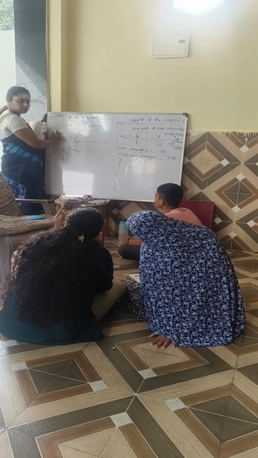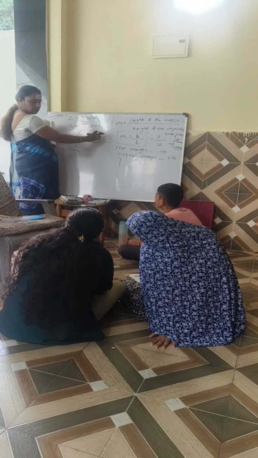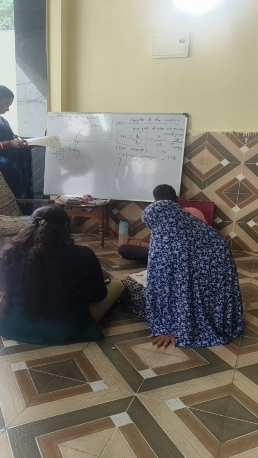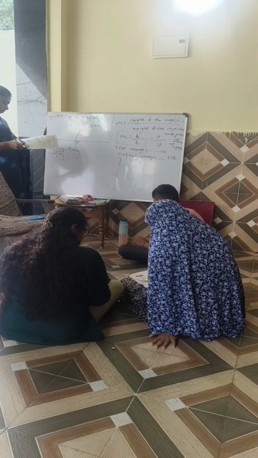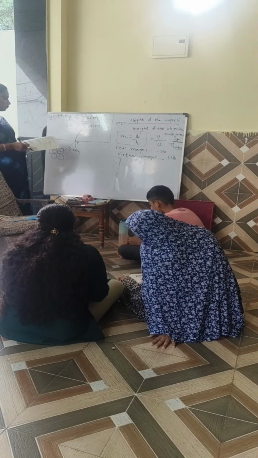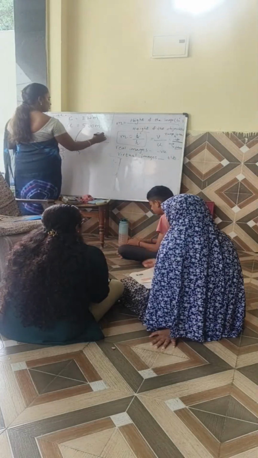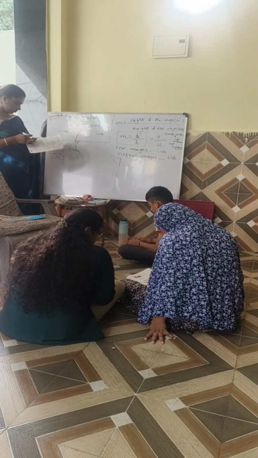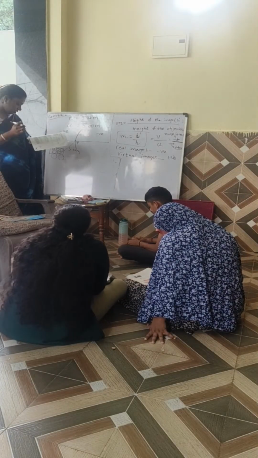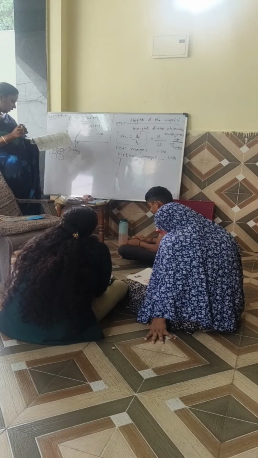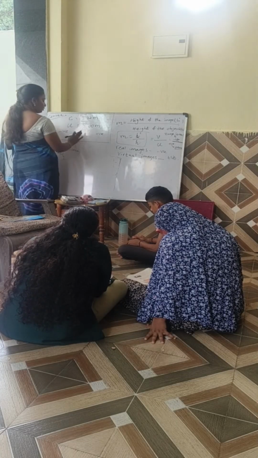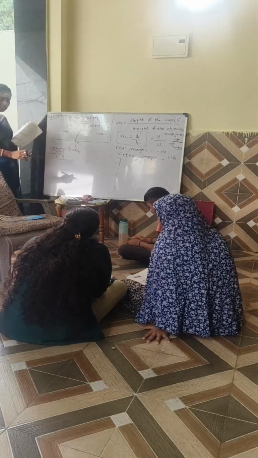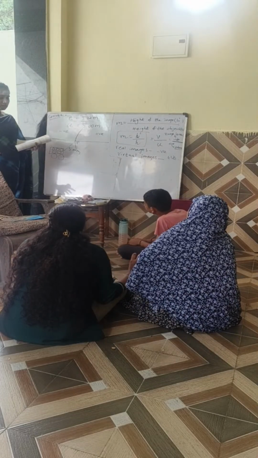The distances measured right of the origin are taken as positive, these are negative values. Those measured to the left of the origin are taken as negative. Only the image is formed this side, right side, because it is a convex mirror.